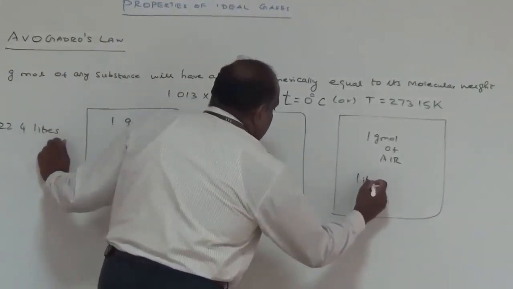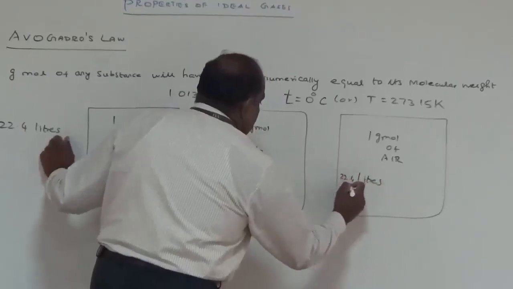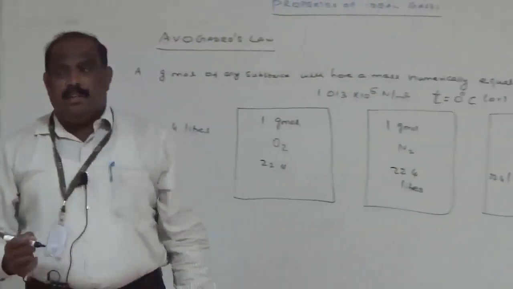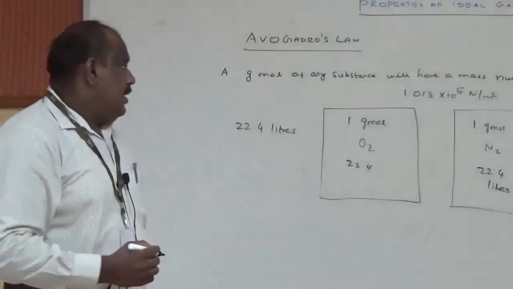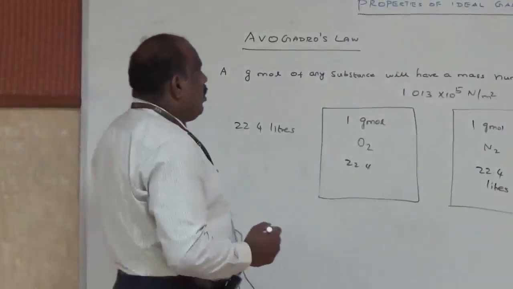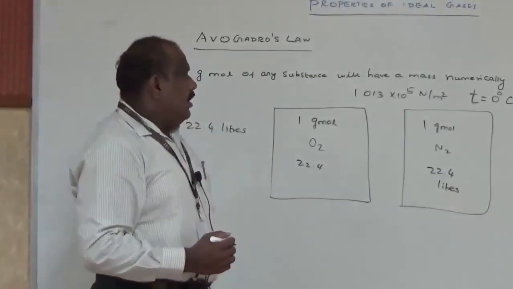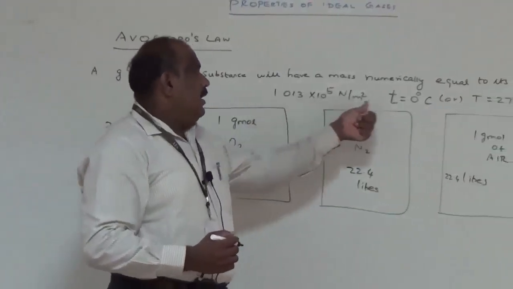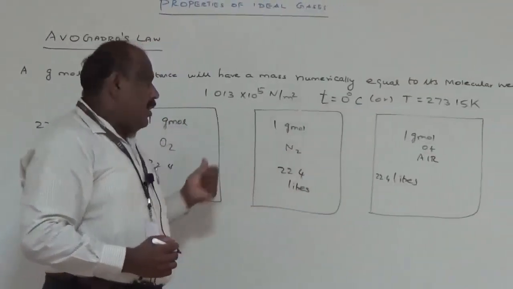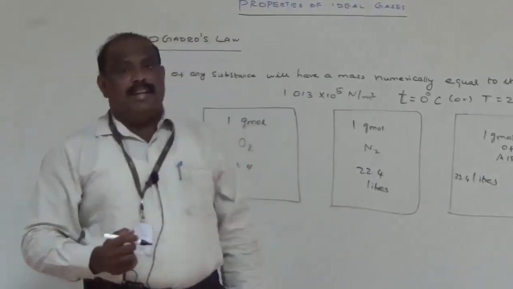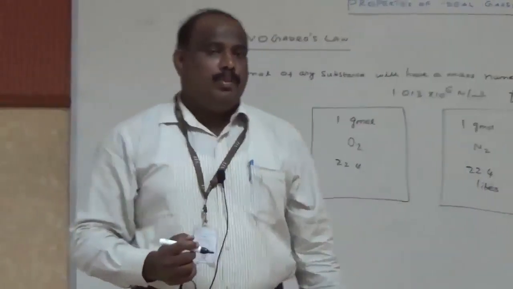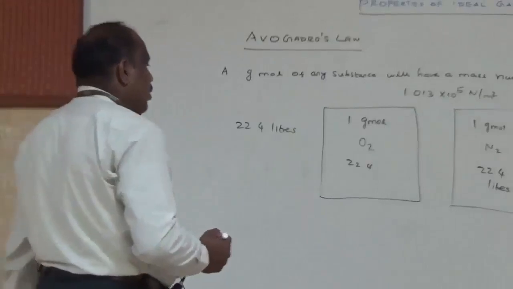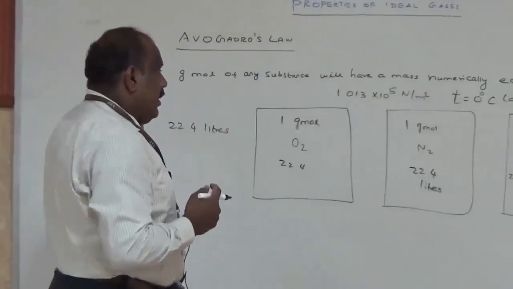This is called Avogadro's law. Avogadro's law states that a gram mole of any substance at normal temperature and pressure, say 1 atmospheric pressure and 0 degrees Celsius, will occupy a volume of 22.4 liters. I hope you can understand. Let us move further.